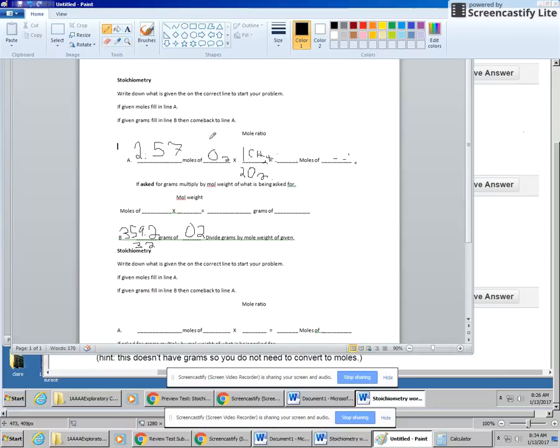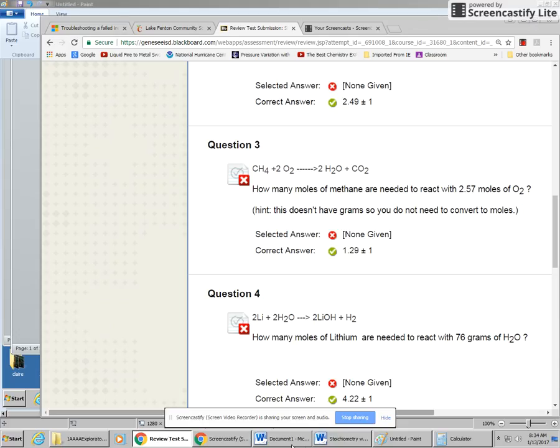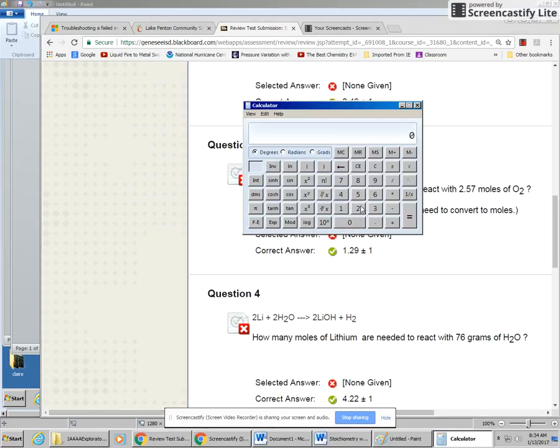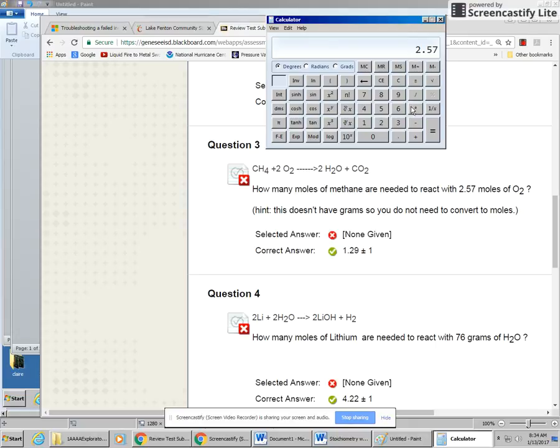You just multiply through 2.57 times 1 divided by 2. Here you take clear 2.57, right, times 1 equals divided by 2, and that's it.